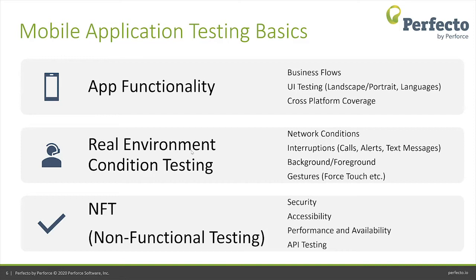So this is why you want to make sure that you are testing your application with varying network conditions, not just Wi-Fi, 3G, 4G, 5G, with packet loss, without packet loss. You want to inject interruptions like calls, alerts, security pop-ups, text messages coming in while your users are consuming your application, to know and understand if they are causing any crashes, resource conditions or resource conflicts and stuff like that.